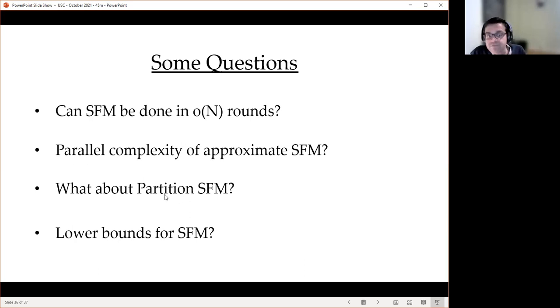And then if I look at partition submodular functions in that special case, what can you say about minimizing such functions? The lower bounds that we got, we don't have matching upper bounds. But finally, the big, titillating question is just submodular function minimization without any parallelism. Is n squared the right answer, or can you actually get better than that?